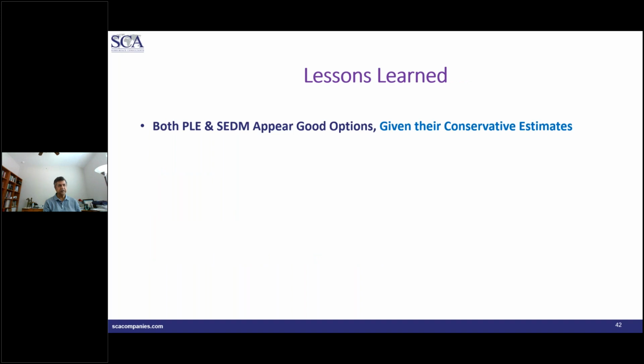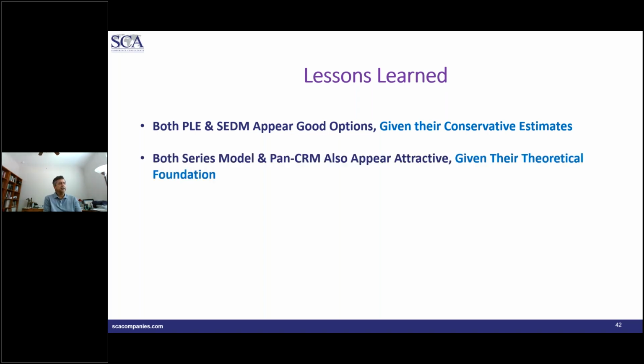So let me summarize the outcome, the lessons that we have learned so far. We had both the power law exponential and stretched exponential. They are good options because you are staying on the conservative side. That's the motivation. On the analytical model front, we see the series model and the PAN CRM are good because they have theoretical foundation.